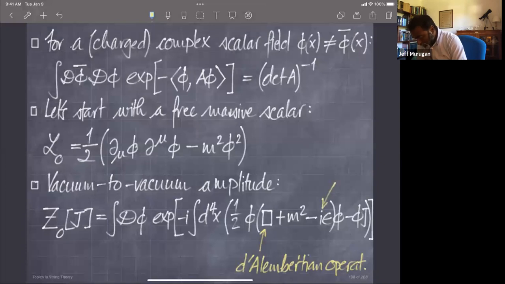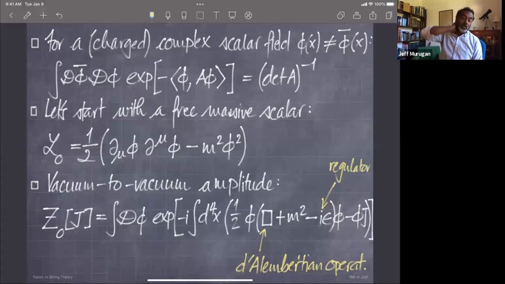This is a regulator term that I know I'm going to have to add because of the problem that we encountered with carrying out a Lorentzian, a non-Euclidean integral previously, where I had a pole that lay on the integration contour.